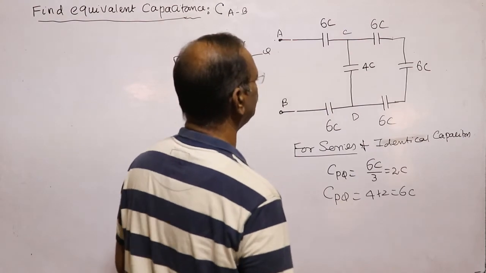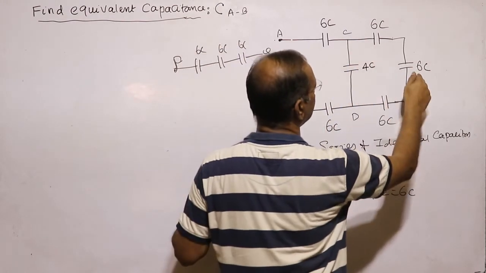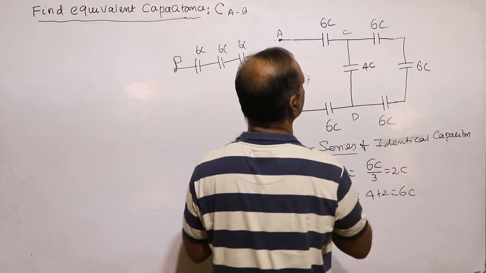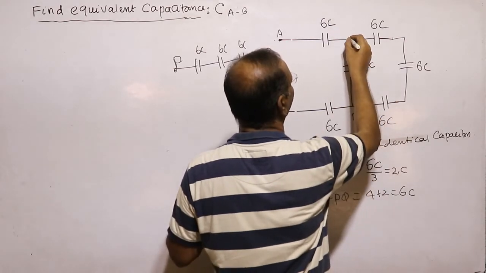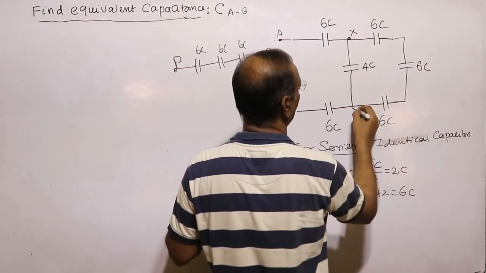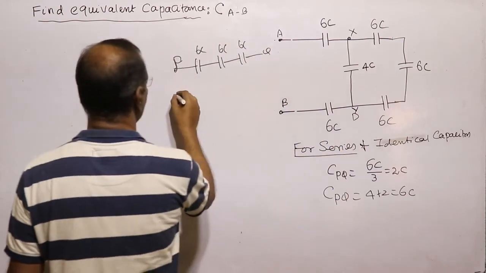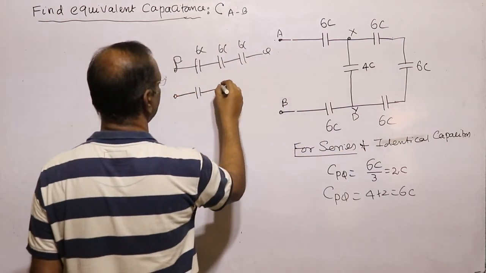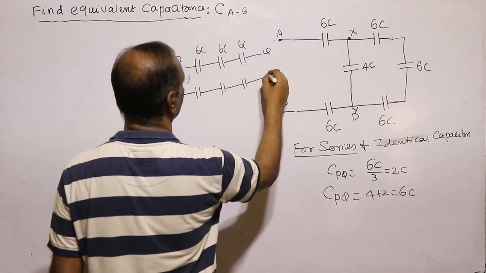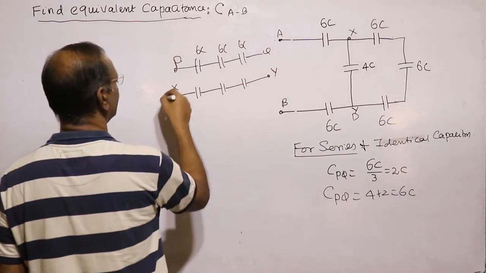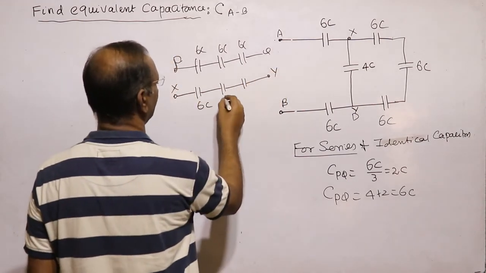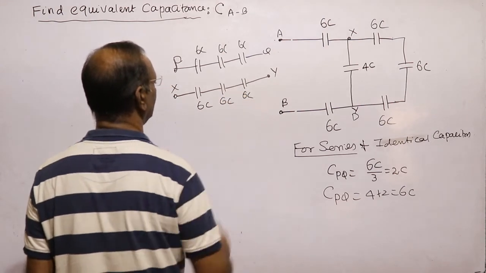Now this 6C, this 6C, and this 6C are in series. Suppose we take this point as X and Y. Between X and Y, the 6C capacitors, sorry, all are in parallel.